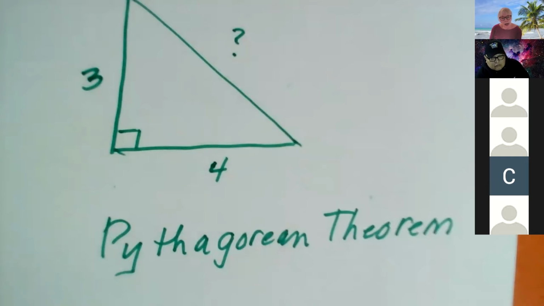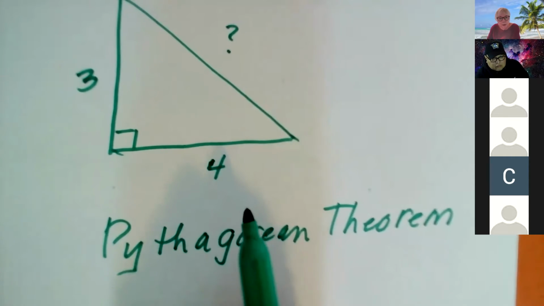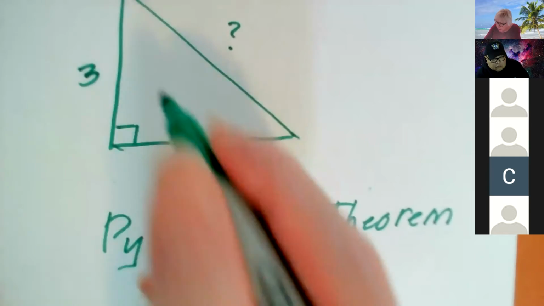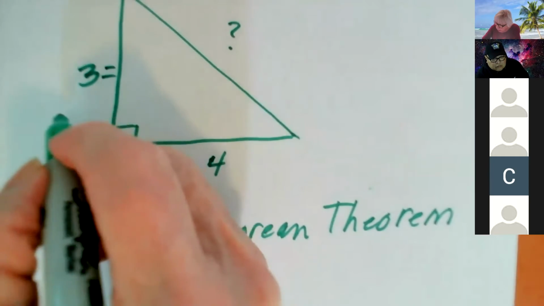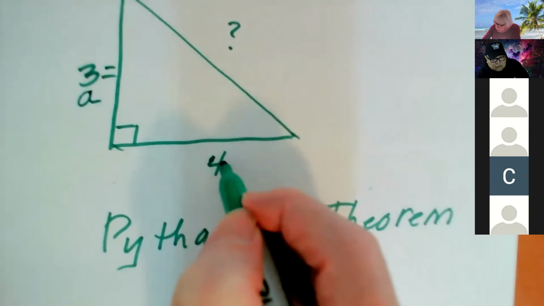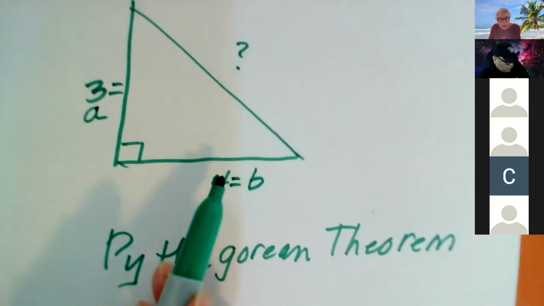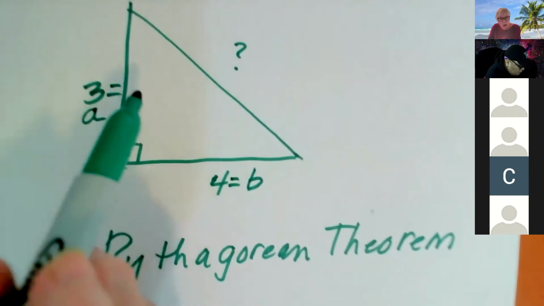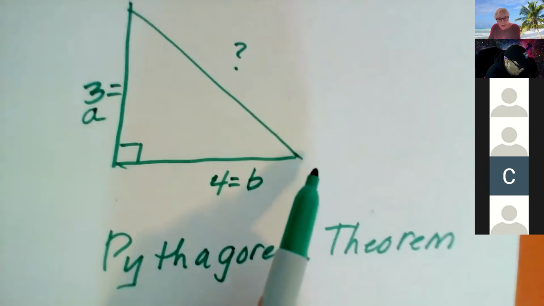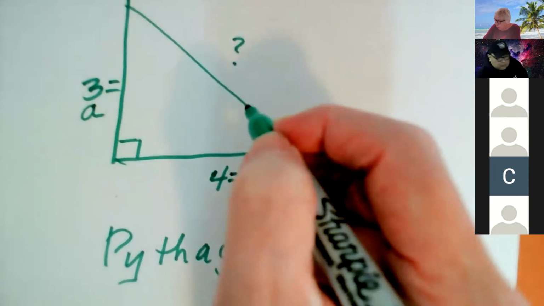So it's called the Pythagorean theorem. And so literally the way it works is this: the two smaller sides, they call A and B. And I say they're the two smaller sides because this long side is always the longest, and they call it C.